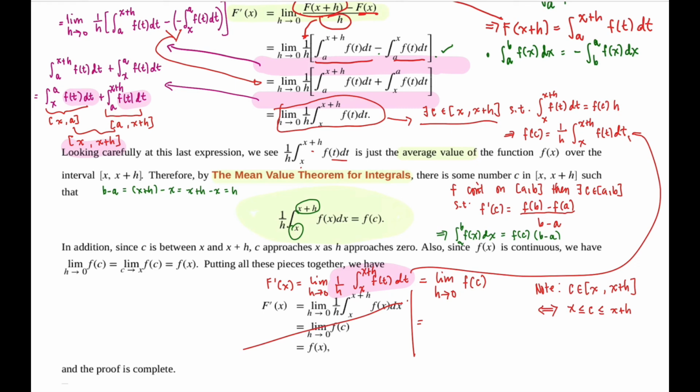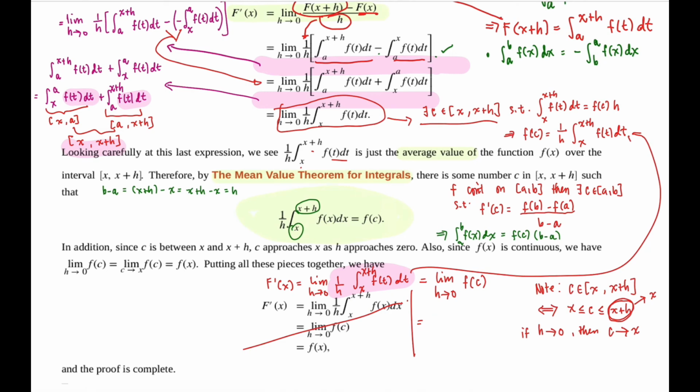And since we are letting h approach 0, what would happen to c? If h approaches 0, this is the upper bound of c. So if h approaches 0, x plus h would approach x. So we say that if h approaches 0, then c would approach x.